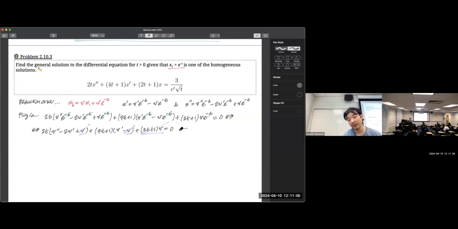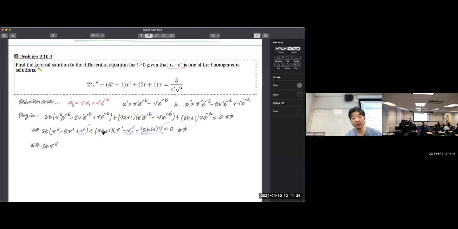And you can confirm by distributing that you'll get a negative 4tv, but there's a plus 2t and a plus 2t. You have a minus v and you have a plus v. So those are going to cancel. So now you're left with 2t v double prime. I'm just going to combine. So this one's right here, 2t times minus 2t minus 2v prime.